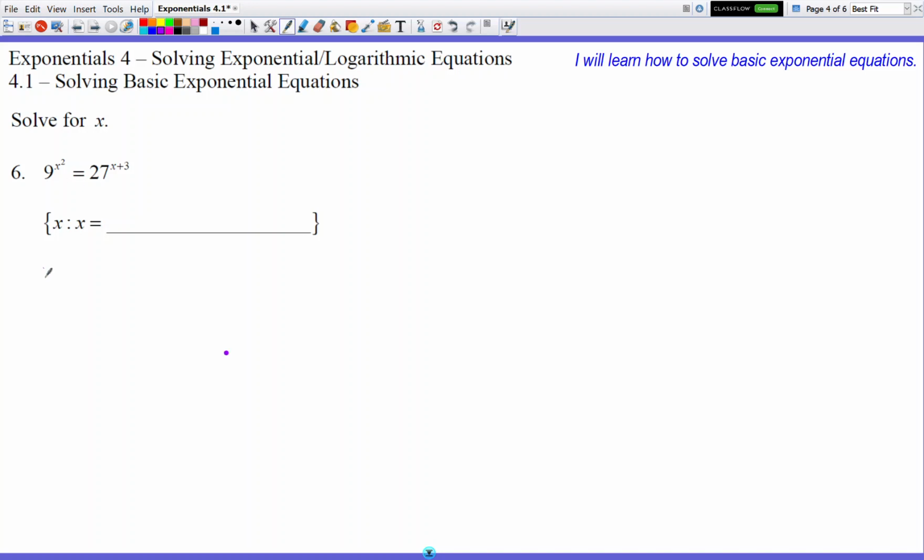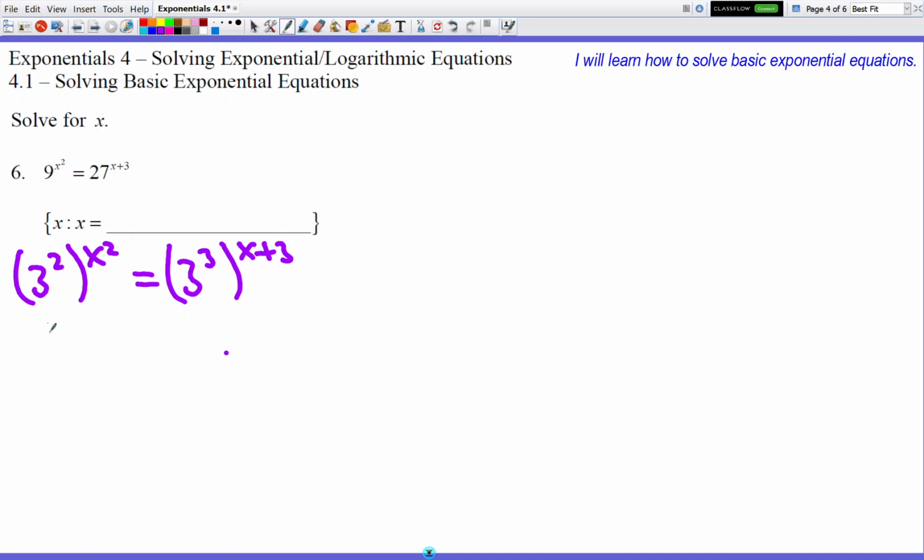So this left side, 3 squared, and then we have x squared stuck outside, and on the right side we have 3 to the third, and we have x plus 3 stuck on the outside. Now let's combine our powers.